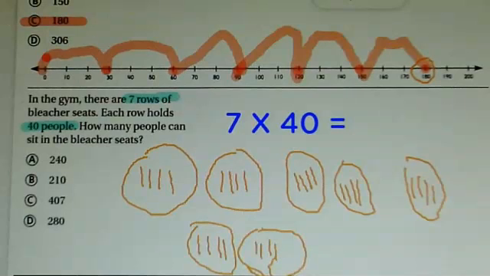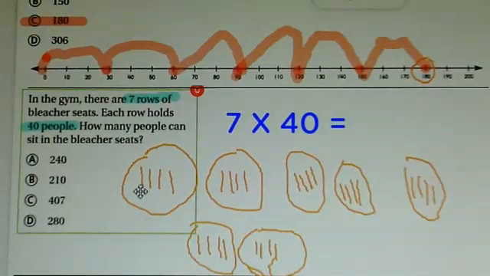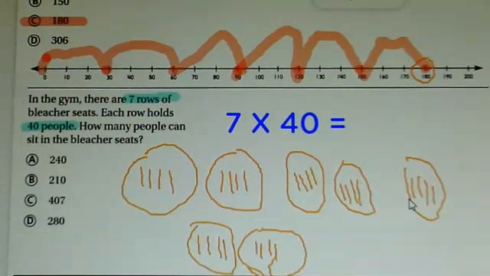So now I can count them up. I have 1, 2, 3, 4, 5, 6, 7, 8, 9, 10, 11, 12, 13, 14, 15, 16, 17, 18, 19, 20, 21, 22, 23, 24, 25, 26, 27, 28. Okay, I have 28 tens.